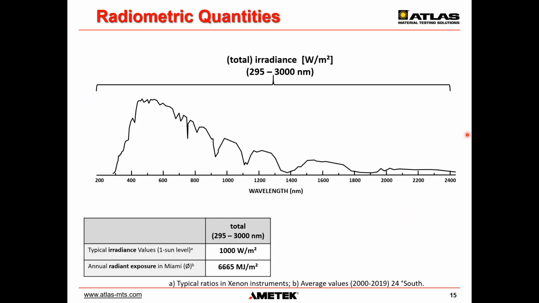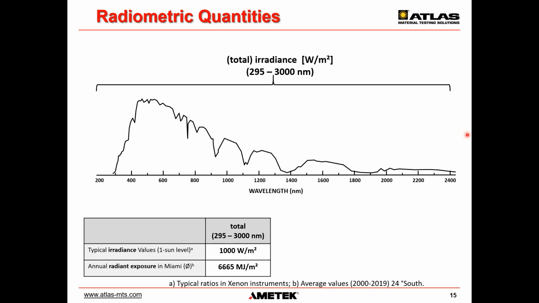So typically, when we look at the spectral irradiance distribution, we are interested in the intensity, so the irradiance, and the full amount of energy in a specific time frame. To give you some typical numbers, these are not maximum numbers, these are not specific numbers, but a typical irradiance value, if you look at the total irradiance from all wavelength ranges, is about 1000 watts per square meter.